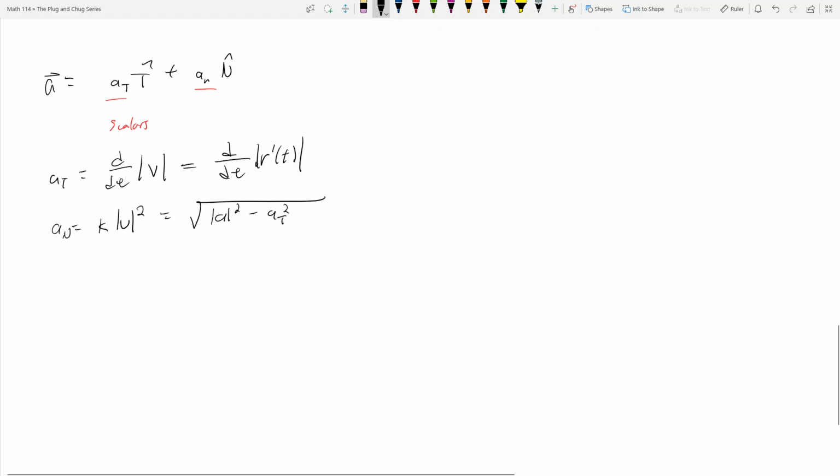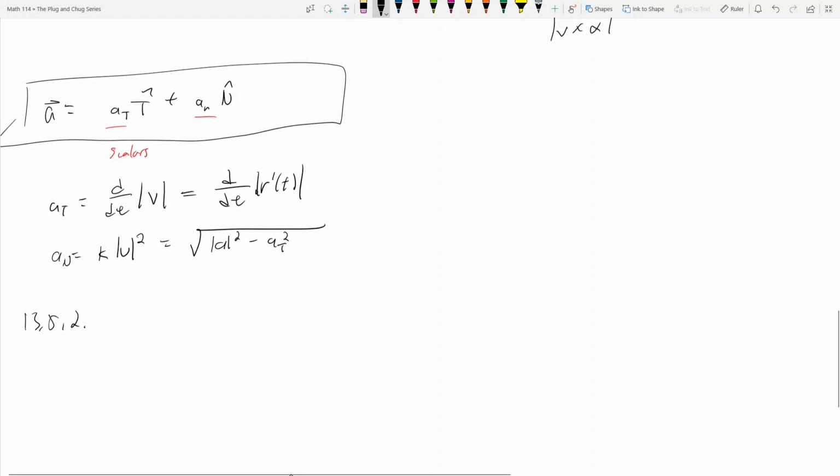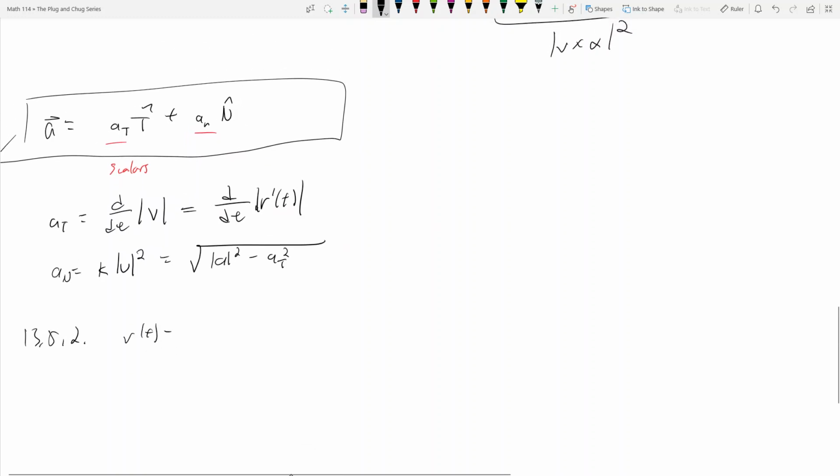Let's look at 13.5.2, and we want to write A in this form listed above. It gives us r of t equal to 1 plus 3t, t minus 2, and negative 3t.